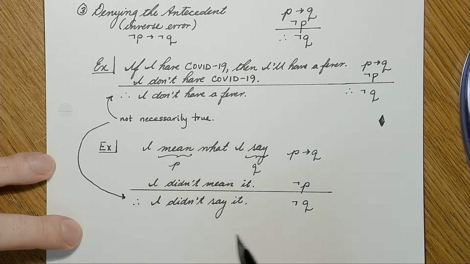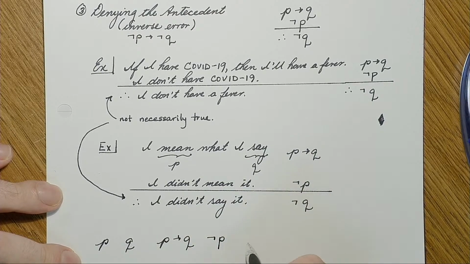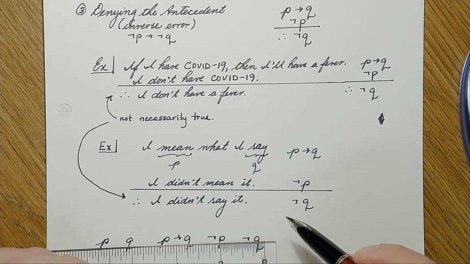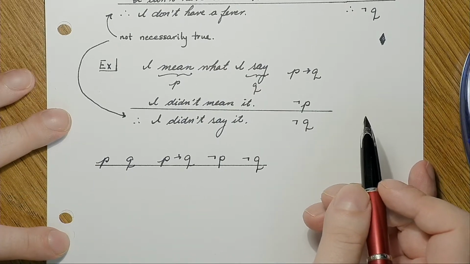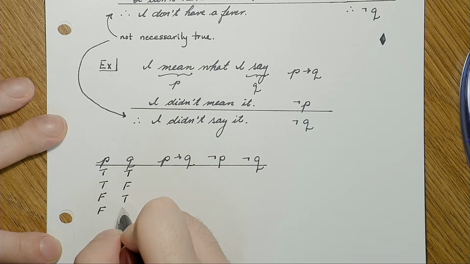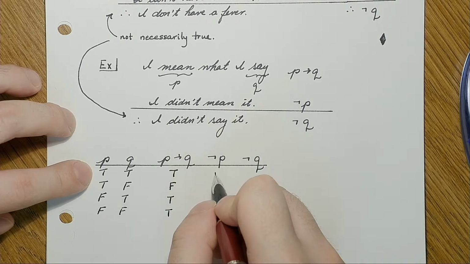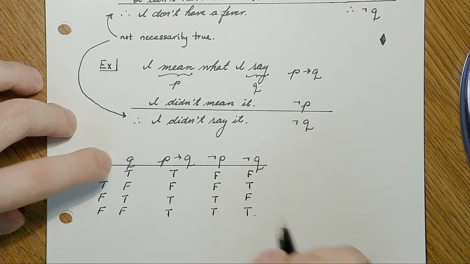And we can do a truth table as well for this. So P, Q. So here's our premise, P implies Q. Then we'll have not P as our second, or the minor premise, and our conclusion is not Q. And just filling in the table, hopefully you got the same one that I did.